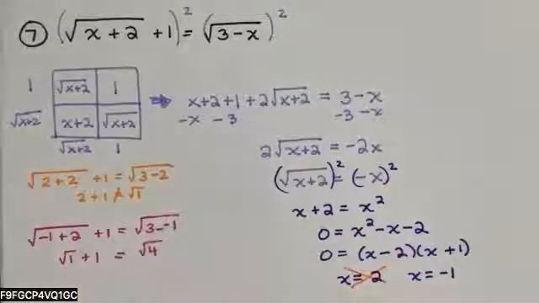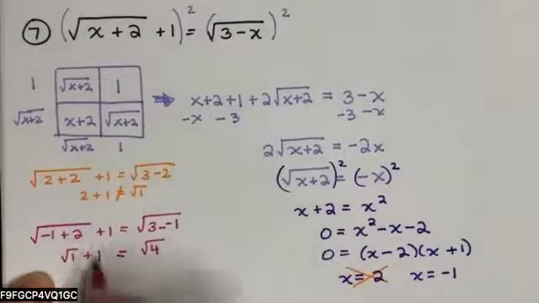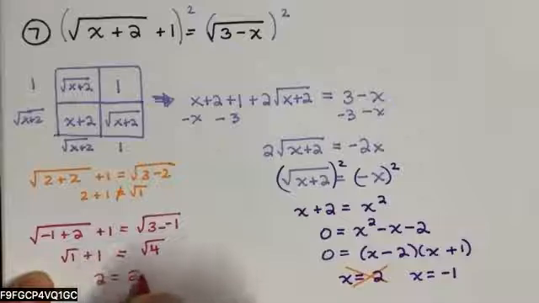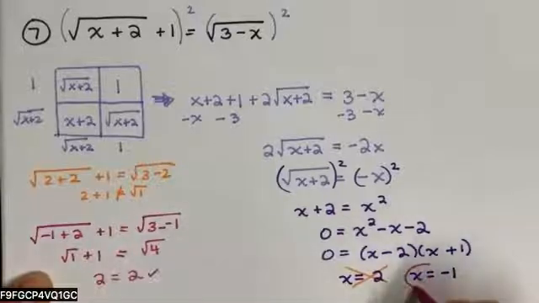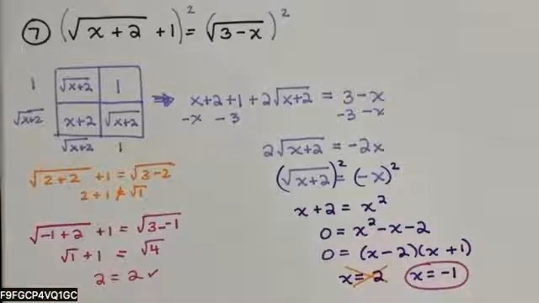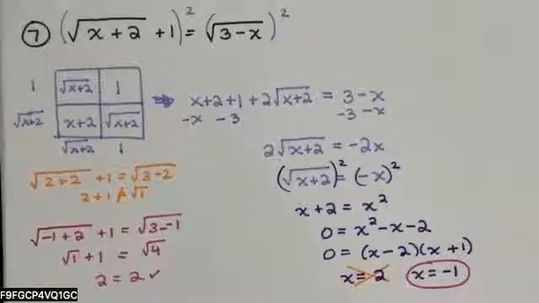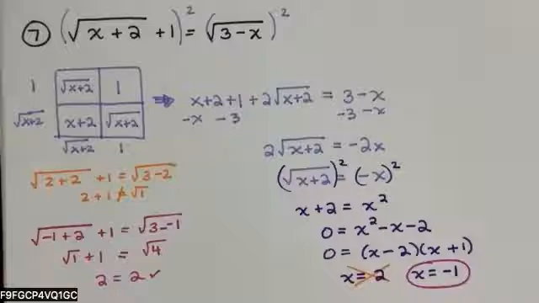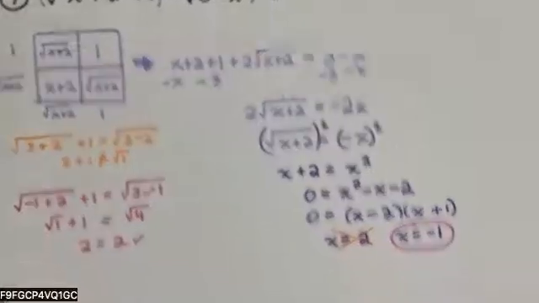And that gives me 4. And square root of 1 is 1, plus 1 is 2. And the square root of 4 is 2. And so it turns out that in this equation, it's the negative answer that is our winner. And so there we are. So you can see this becomes quite the series of nasty problems.